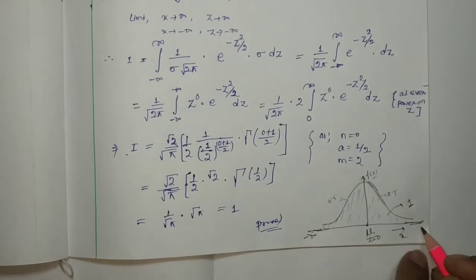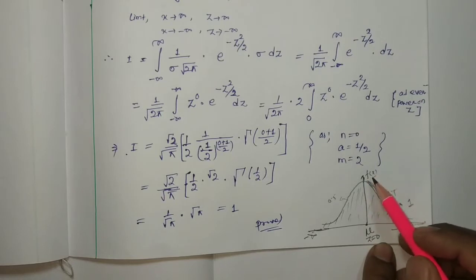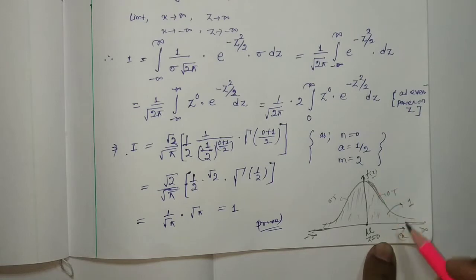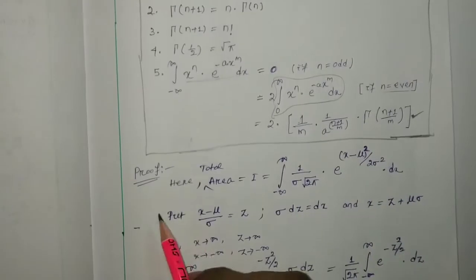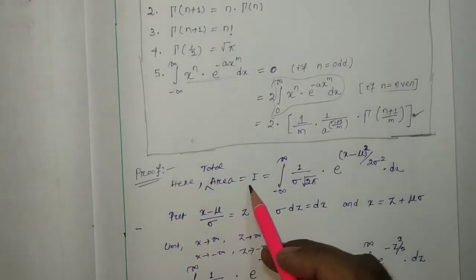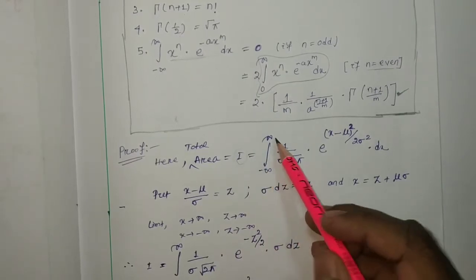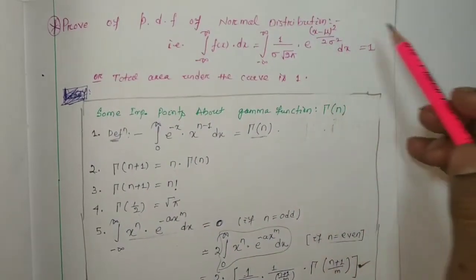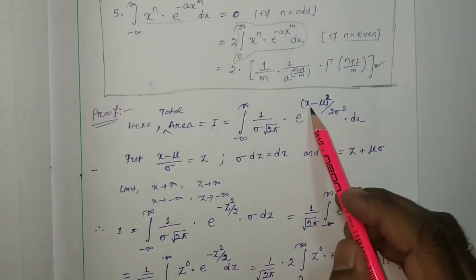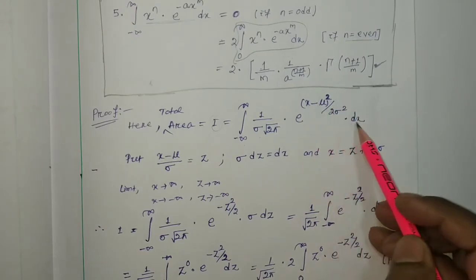So what is the integration we have to consider? Minus infinity to infinity is the range of x, and the variable which changes with respect to x is the pdf f(x). So let the total area be the integral I, equal to the integral from minus infinity to plus infinity of 1 by sigma root 2 pi into e to the power minus (x minus mu) whole square by 2 sigma square dx.